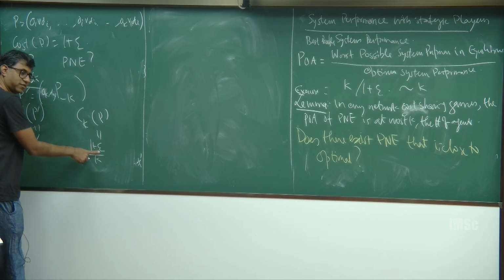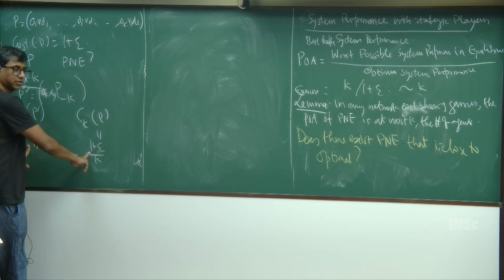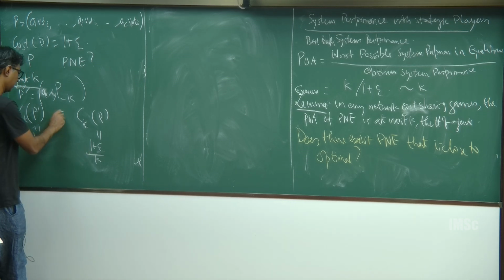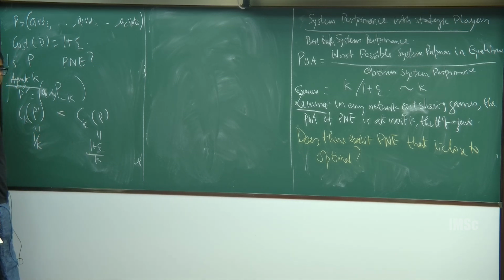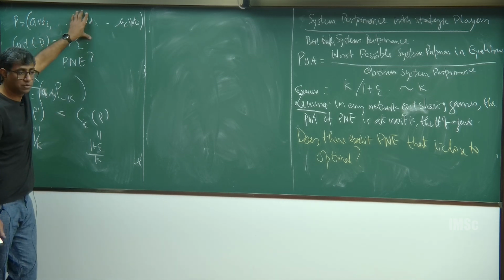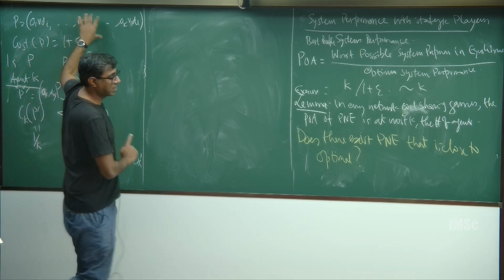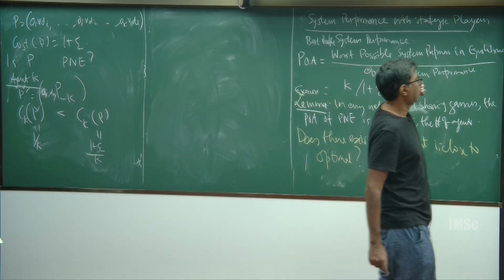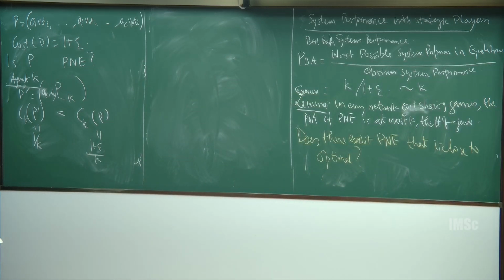If epsilon is strictly positive, then this quantity is less than this quantity, right. So, this is strictly less than this, and hence this is not a pure Nash equilibrium. At least this strategy is not a pure Nash equilibrium. So, we have just seen an example that the best cost strategy may not be a pure Nash equilibrium. Okay.